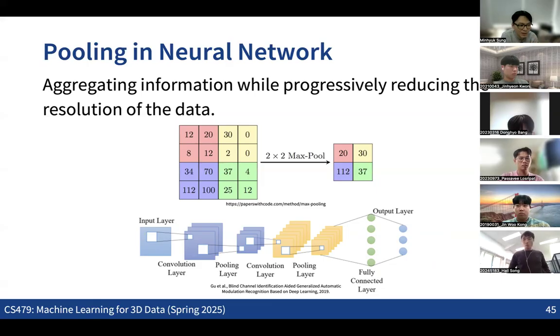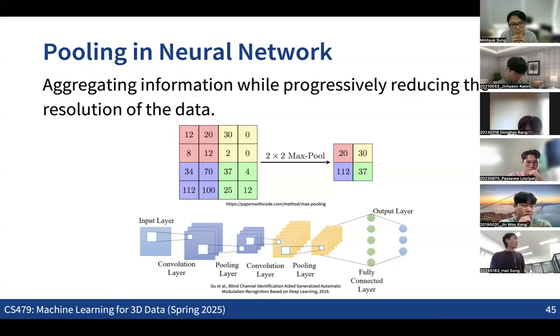If we look at the pooling operation of the 2D convolution, we are progressively reducing the resolution of the data, doing downsampling by merging local regions. Through this downsampling, we are pooling the information, and that's essentially a key component in the neural network, right?